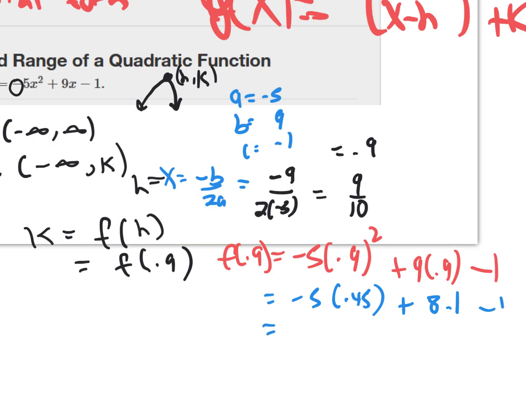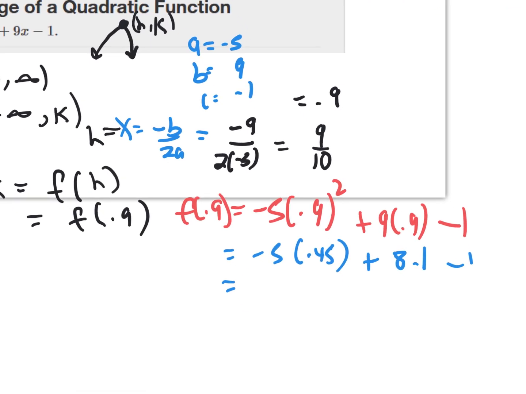And negative 5 times 0.45 is going to be negative. 5 times 5 is 25, carry the 2. 5 times 4 is 20, add the 2, that's 22, with 2 decimal places. So it's going to be negative 2.25 plus the 8.1 minus 1.